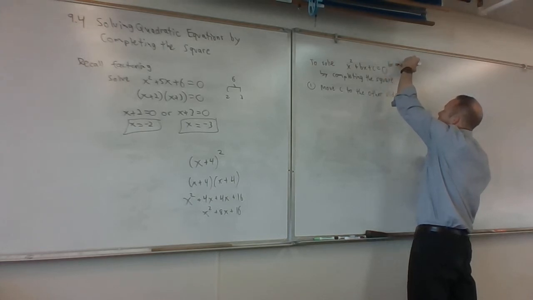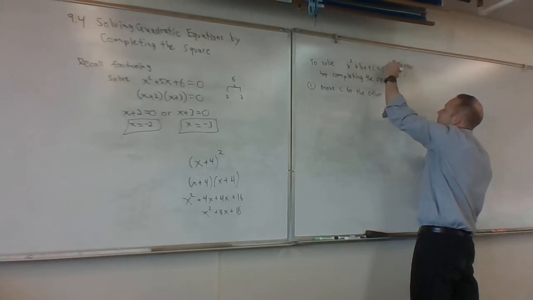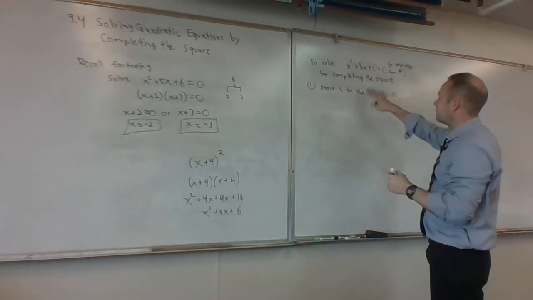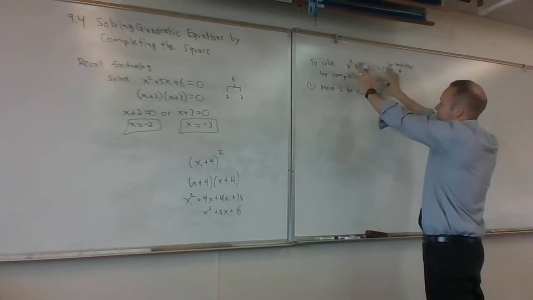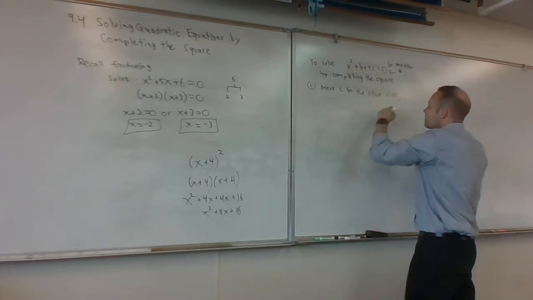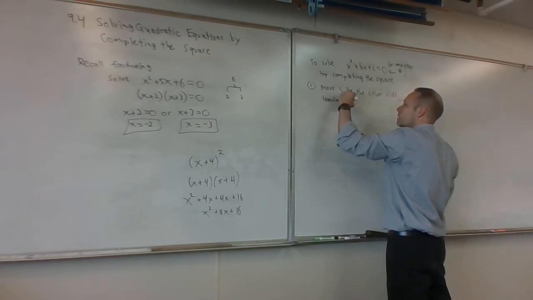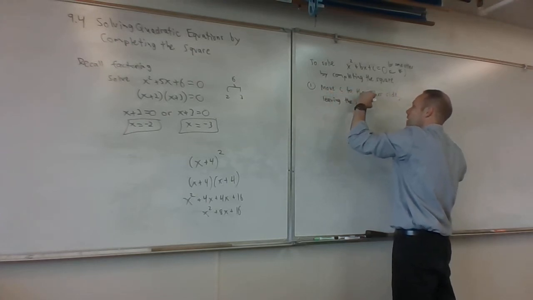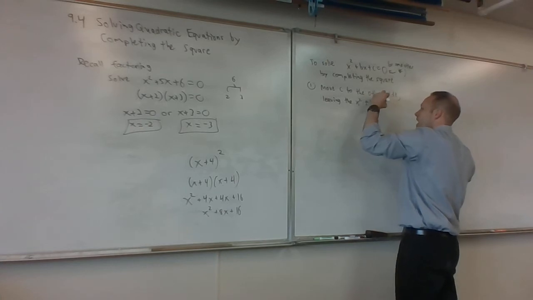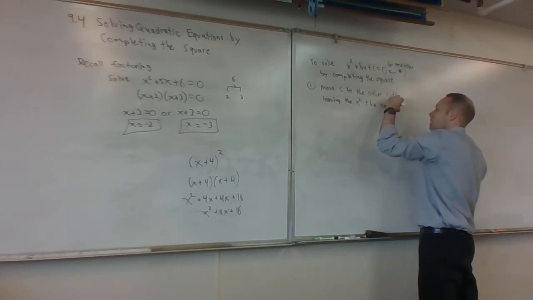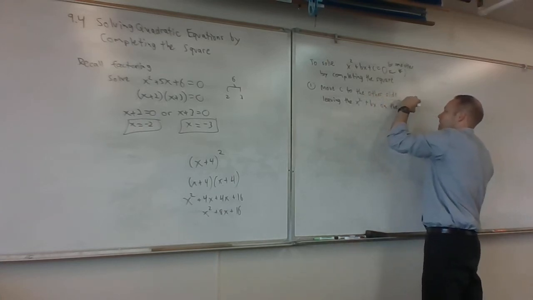We don't really care. All we care about is that we have this pattern going on. Move c to the other side, leaving the x squared plus bx on the left.